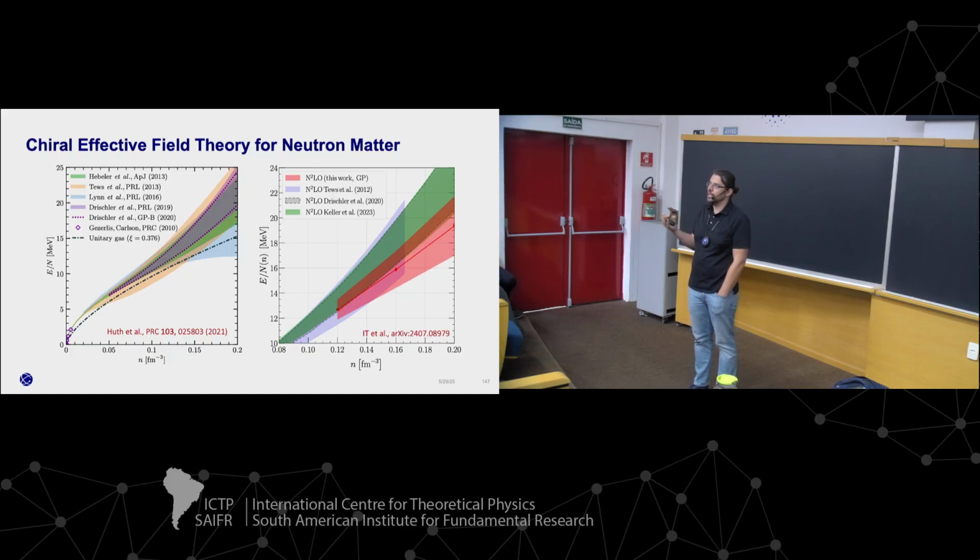So you could conjecture that if you had a unitary gas at all densities, it would be a lower bound to the real interacting system. And this is why it's plotted here. It's just a comparison. So basically, most calculations are above this, right? They do not violate this bound. So you can use it as a lower bound, basically.